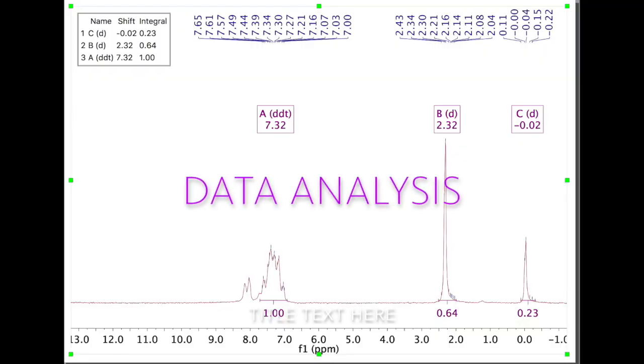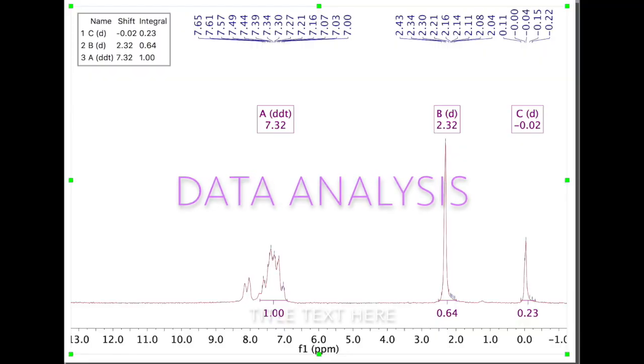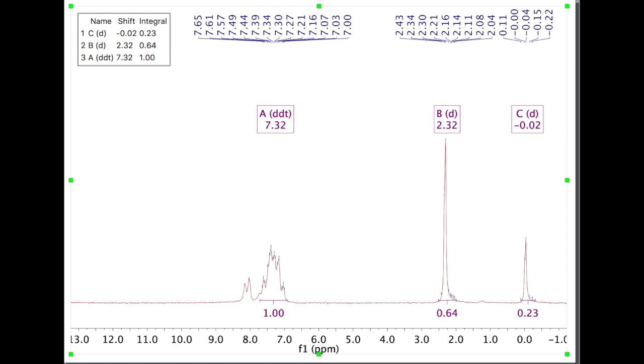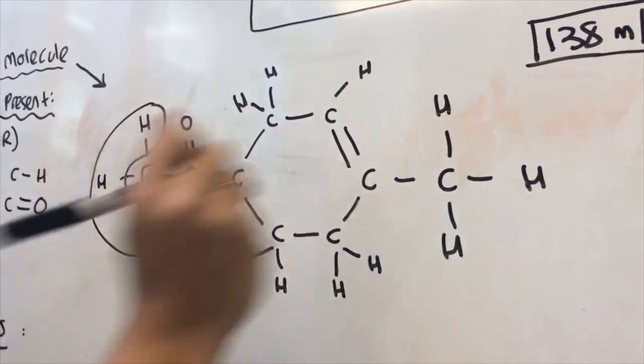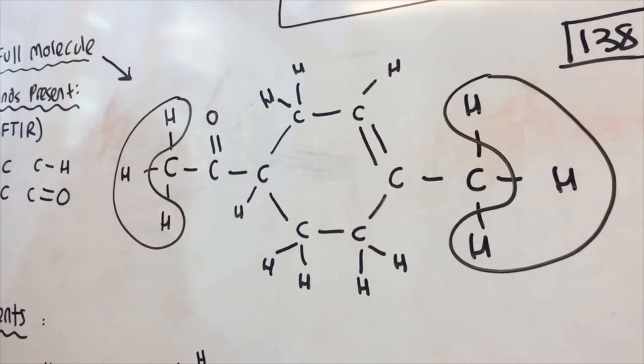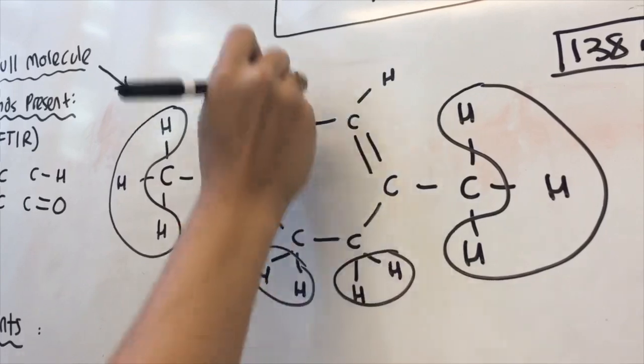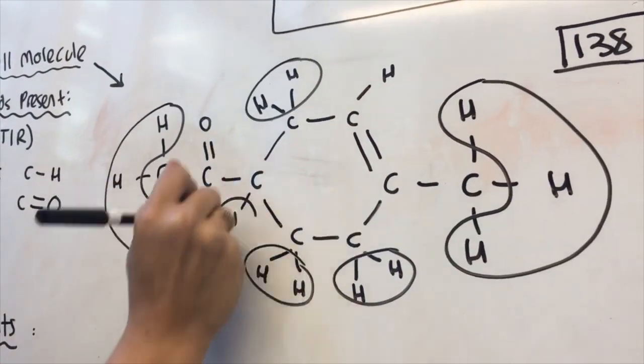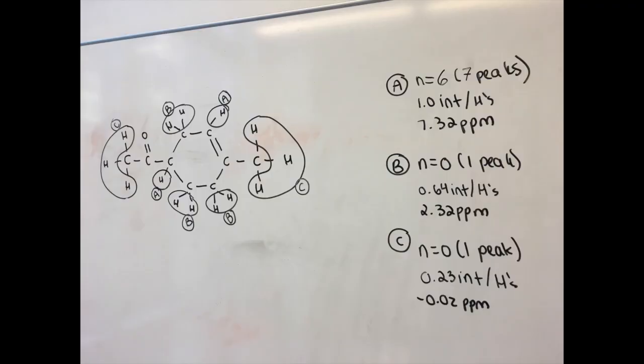Our NMR spectrum was the least reliable of all our data. One of the signals was below 0 ppm, so we worked with what we had. Our spectrum showed 4 signals, one representing chloroform D, our solvent, and the other 3 representing the 3 environments of our molecule. Our signal C had 1 peak, indicating 0 neighbors, with 0.23 integration or hydrogens, and a shift of negative 0.02 ppm.